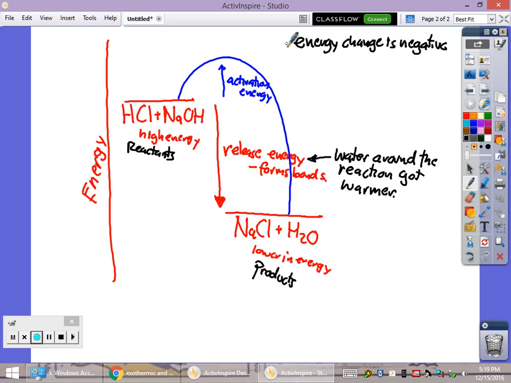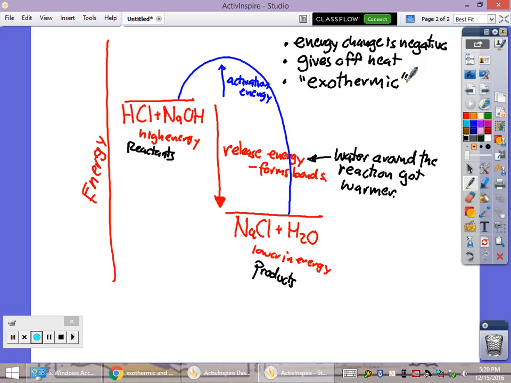We say it gives off heat, or we say that it is exothermic. Those are three ways of saying the same thing. The energy change is negative, it gives off heat, or it's exothermic.